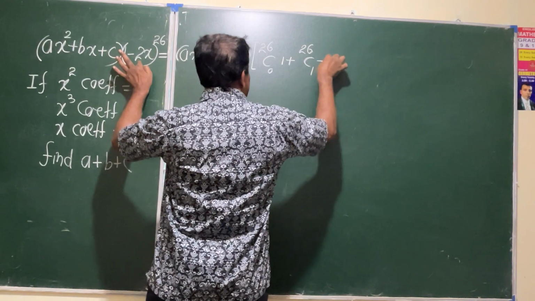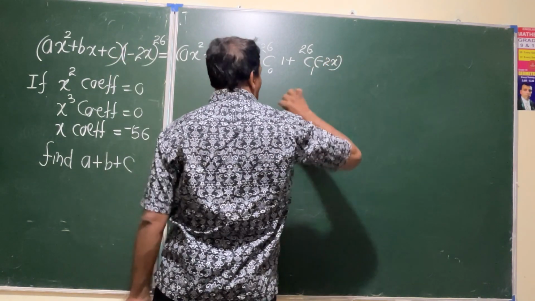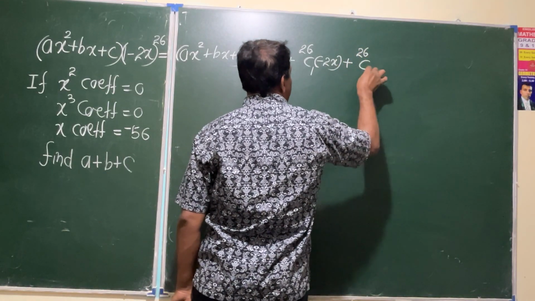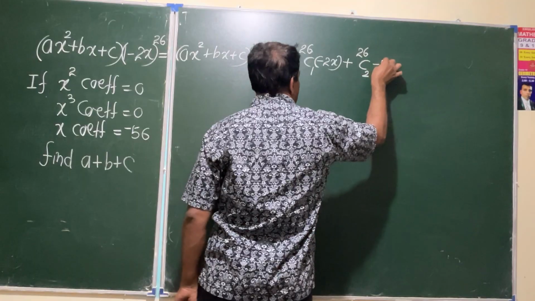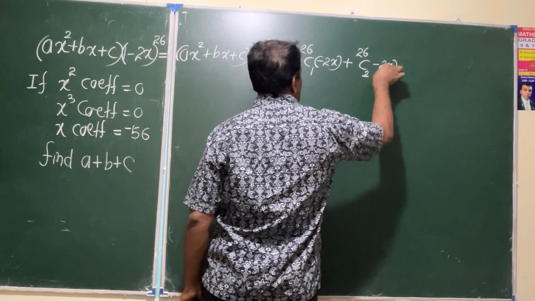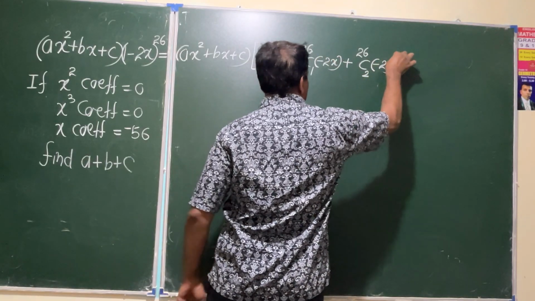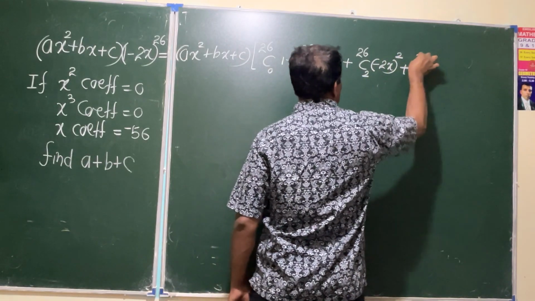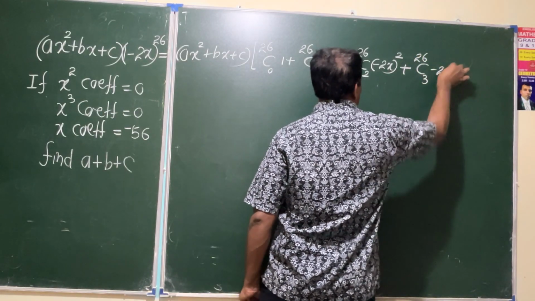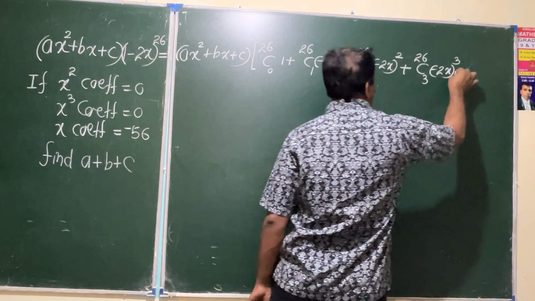Next term, I say (−2x) to the power 1, plus 26C2 (−2x) with the power 2, plus another one for sure, 26C3 (−2x) to the power 3, and so on, right?